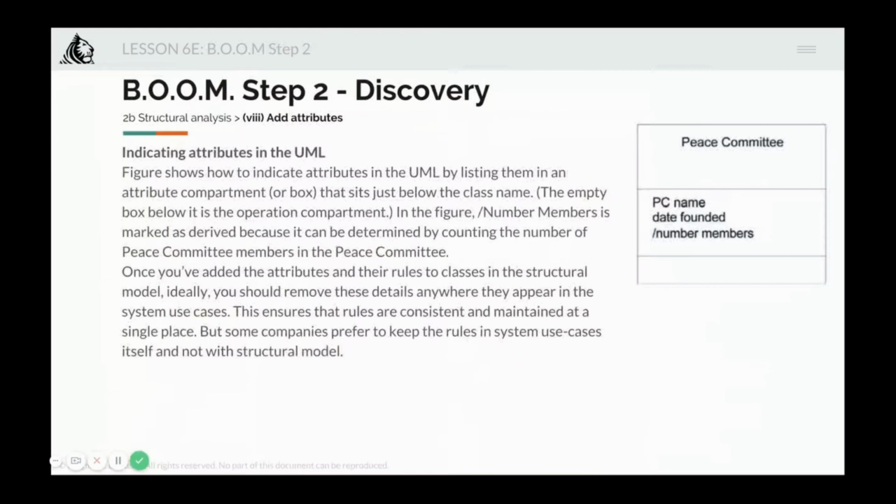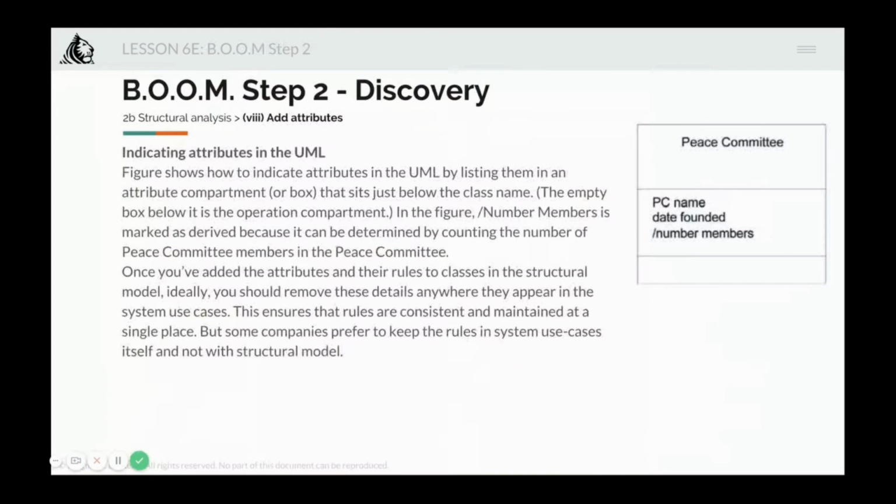So you can see the number of members to be a derived attribute. The empty box below this is for operations. It's used to indicate operations, right? So basically, these operations are those operations that can be done on the attributes.